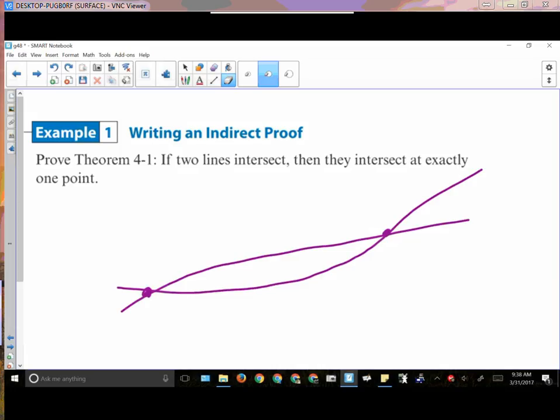So try that again. There's got to be a rule, a reason, a definition why I can't make this statement. This goes back all the way to September, guys. How do we make a line?